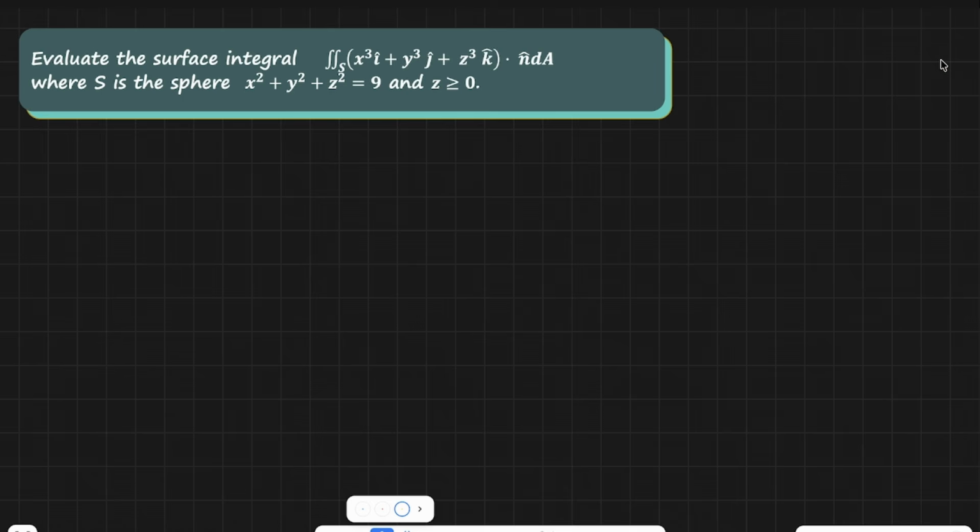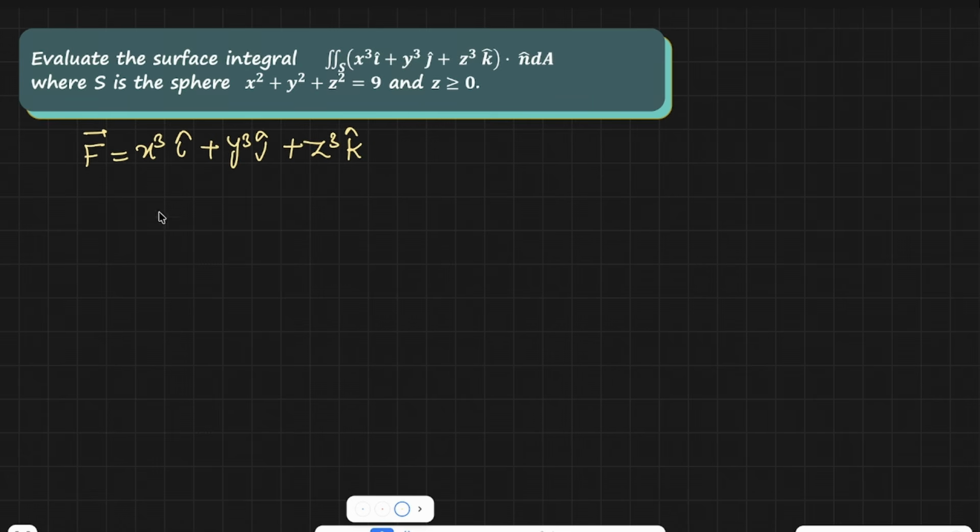Now the question can be asked in a form like this. Let's solve one more question, and then we'll see one different type of question. Let's take this question, x square plus y cube. First of all, identify F. F is equal to x cube i cap plus y cube j cap plus z cube k cap.